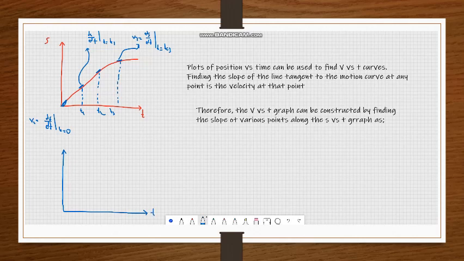This is time and velocity. So at the beginning the tangent line is very steep, right? The velocity is high. Then the tangent of this curve is getting to 0.